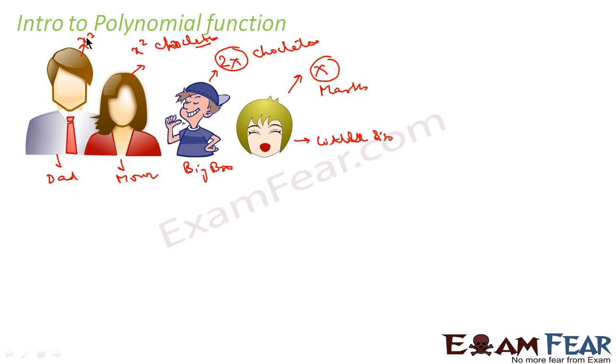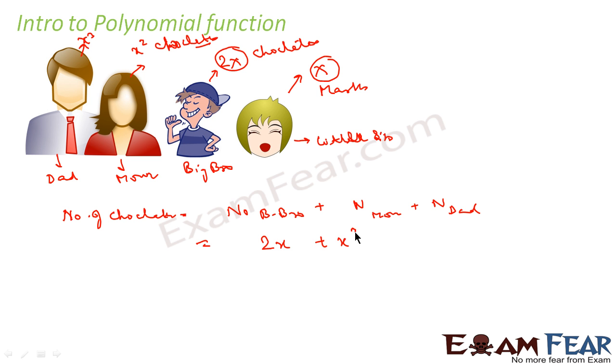So the number of chocolates she'll get is the number by big bro plus the number by mom plus the number by dad. Big bro gives 2X chocolates, mom gives X square chocolates, and dad gives X cube chocolates. The total number of chocolates is this much.